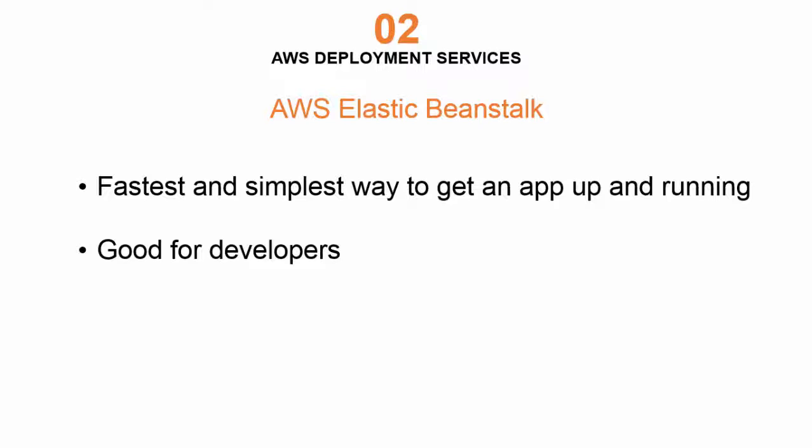So it's ideal if you have things like a 3-tier PHP, Java, Python, or even Ruby, Node.js, .NET, Go, and even Docker applications that can run on an app server with a database. So all that good development stuff.